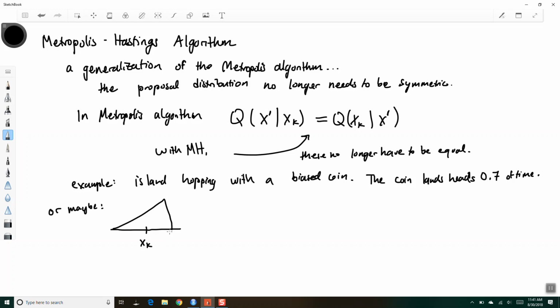The only thing that changes is your acceptance ratio.